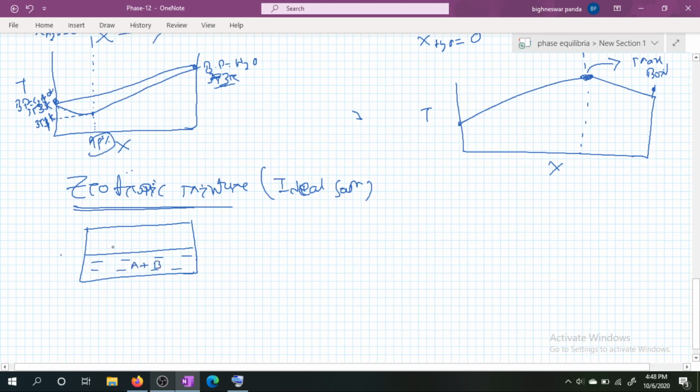A plus B, and this is their vapor phase. So here I can write YA and YB.